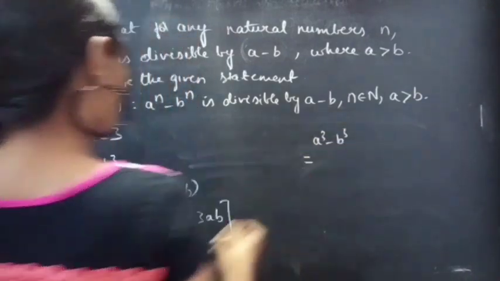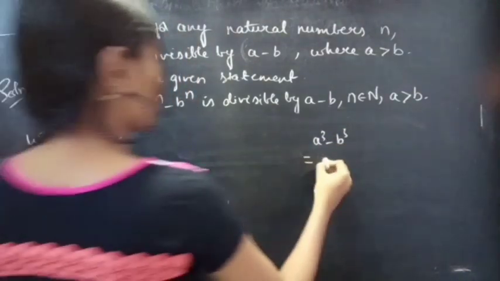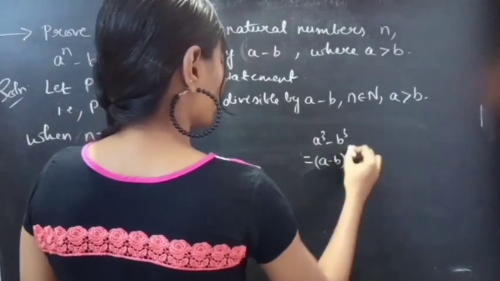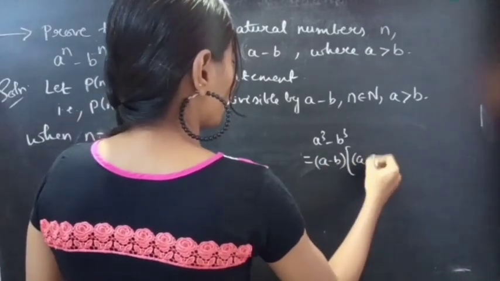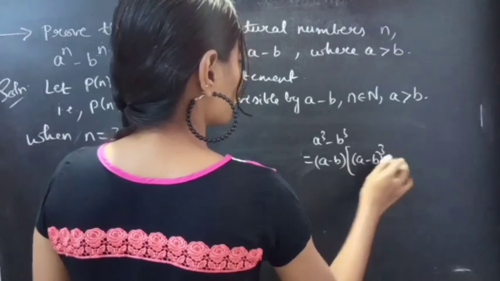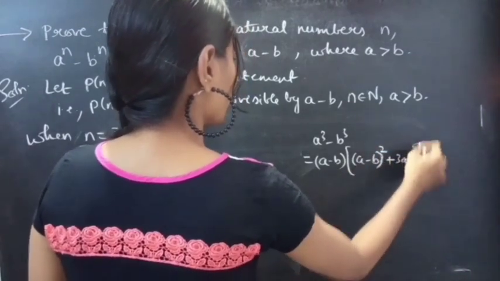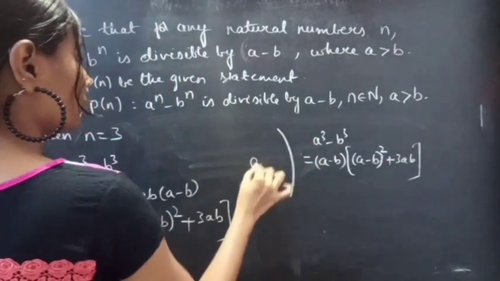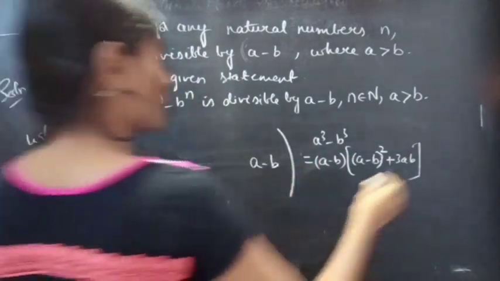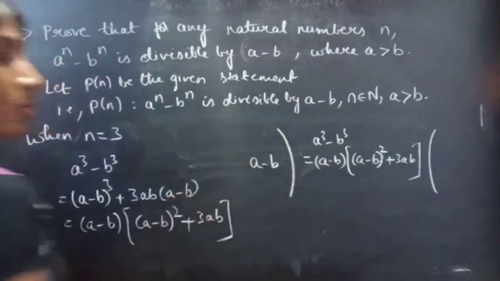a³ − b³ is (a − b) into [(a − b)² + 3ab], divisible by a − b.